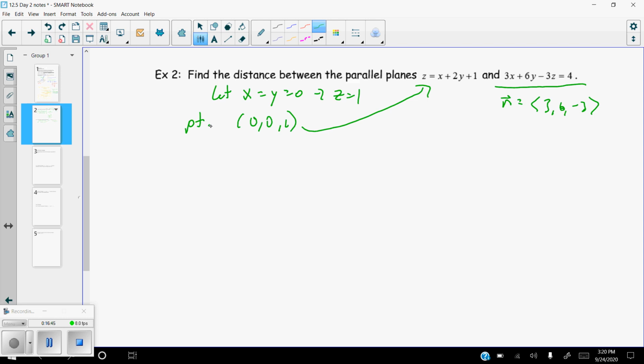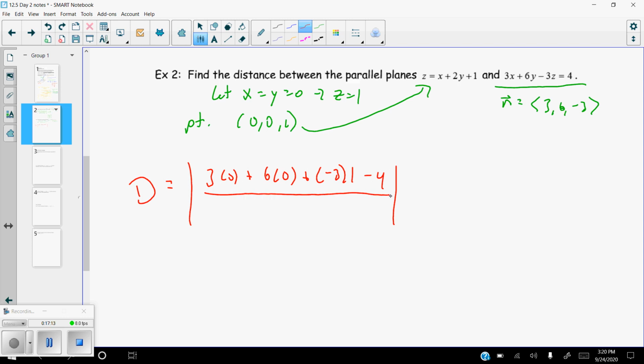So now we'll just plug this stuff into the distance formula. So again, our distance formula says ax, so it's 3 times 0, plus by, 6 times 0, plus cz, -3 times 1, plus d, and d in this case is -4, I should have just written -4, over the square root of 3 squared plus 6 squared plus -3 squared.